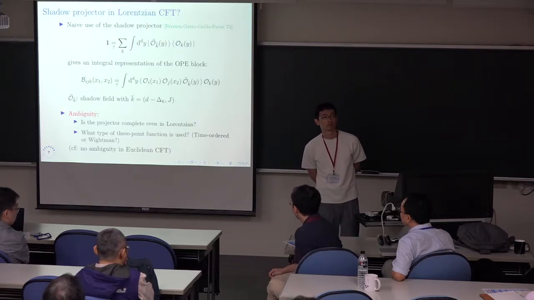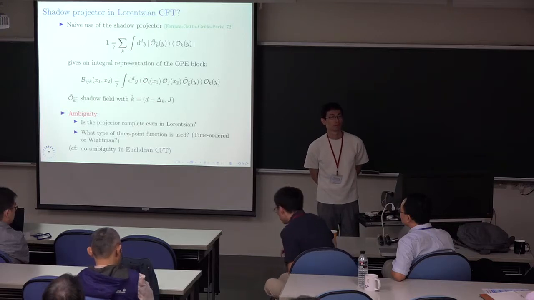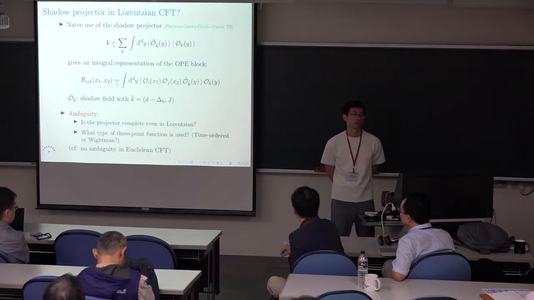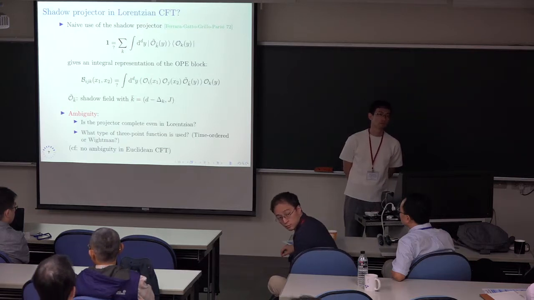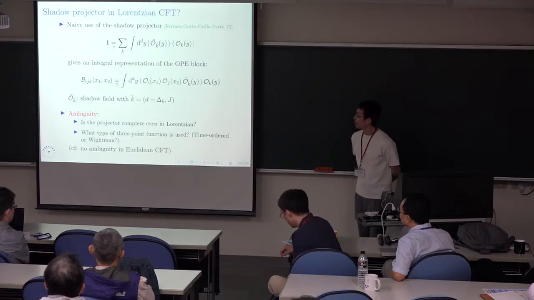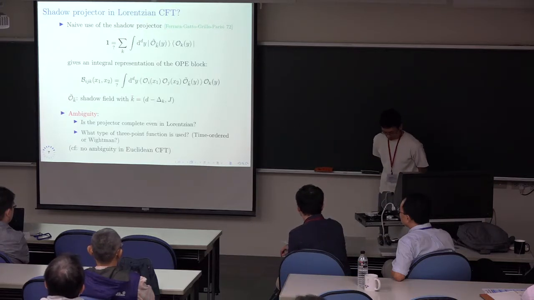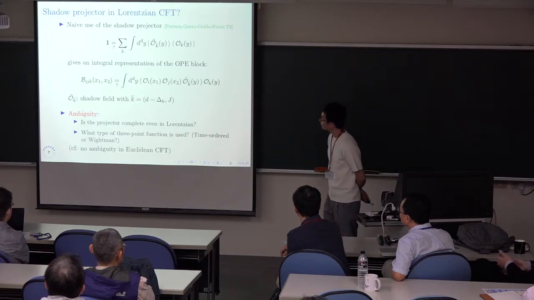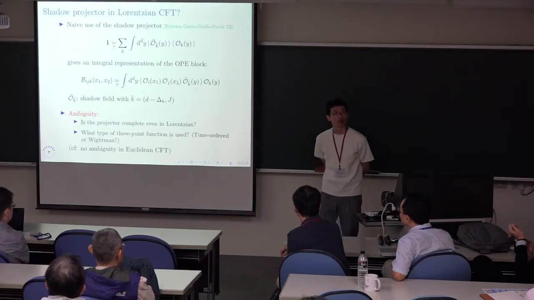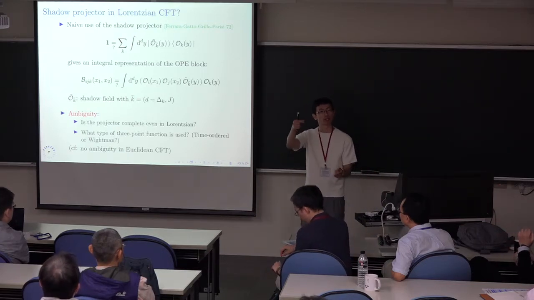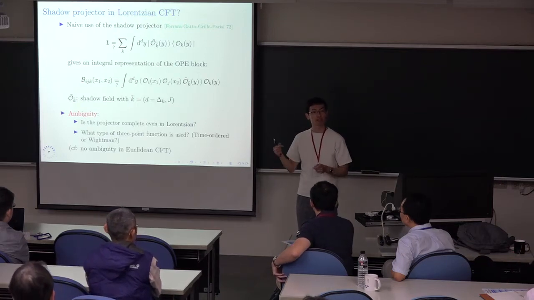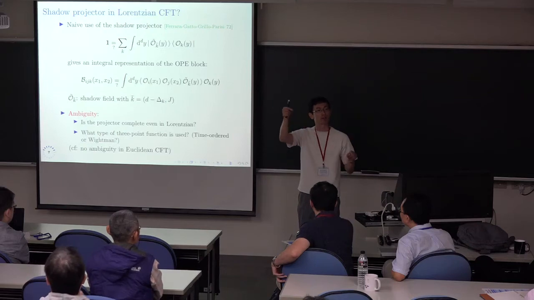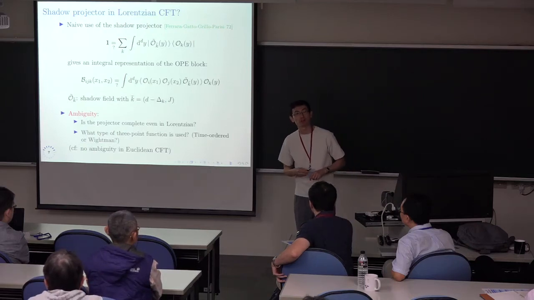I'm not very familiar with that, but are the residues of those singularities in this light-cone region simply related to your 3-point blocks? Or do you see this kind of singularity structure more? We haven't thought about the light-like case so far. We only consider the space-like case and also the time-like case. If you consider the light-cone, for instance, then there should be some singularity. Yes, that would be very interesting.